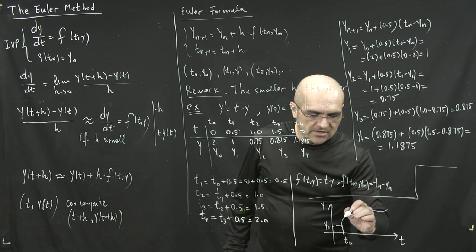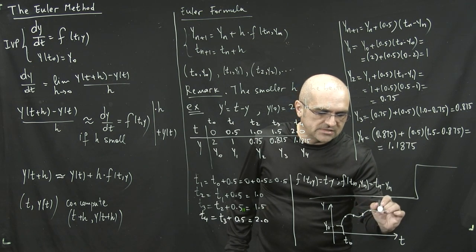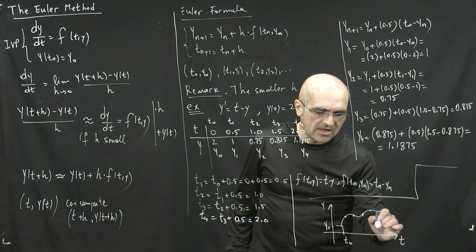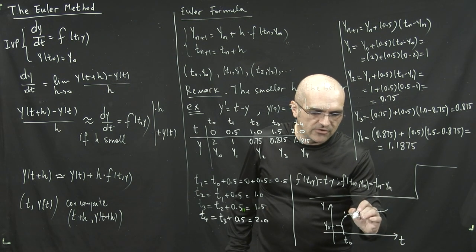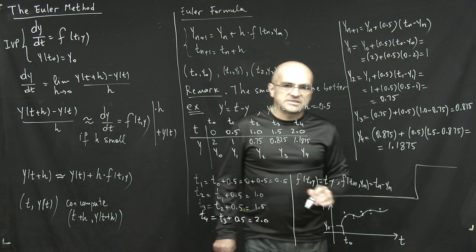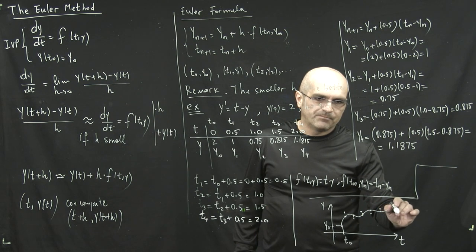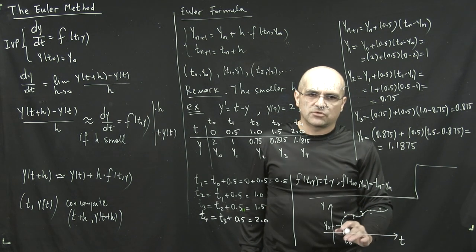The h value localizes some points here on the timeline, but the approximated values are somewhere here. Ideally, if h is small enough, you get a bunch of approximating values of y as close as possible to the real solution.